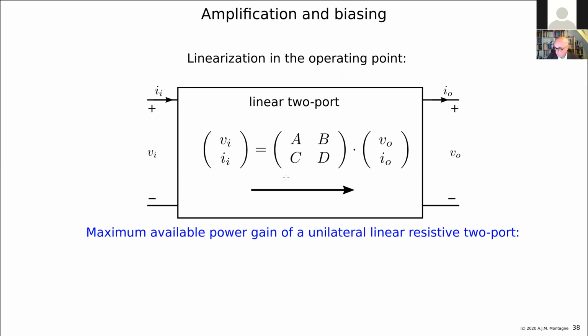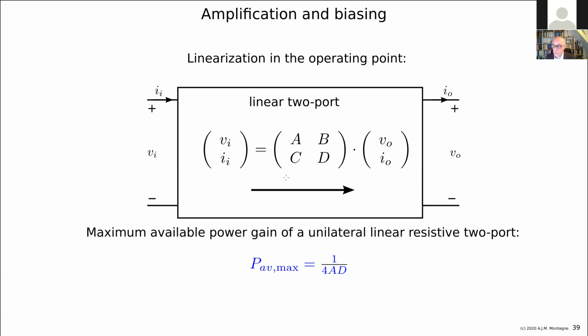So we know also from the bachelor course that the maximum available power gain of a unilateral linear resistive 2-port is 1/4 A times D, which is 1/4 the current gain factor times the voltage gain factor.